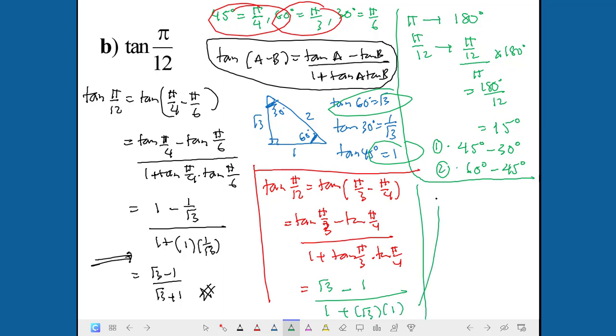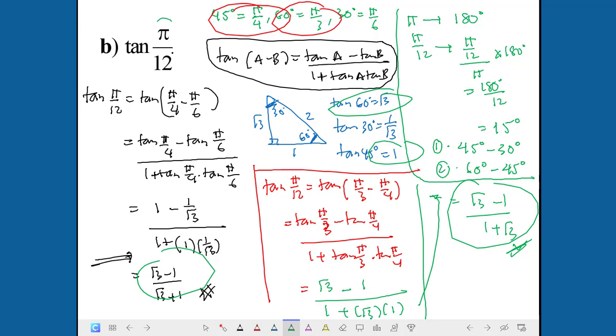Simplify. It is equal to root 3 minus 1 over 1 plus root 3. Same answer. So this is the answer to find tangent pi over 12.